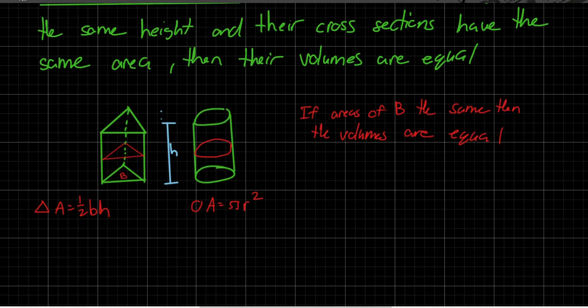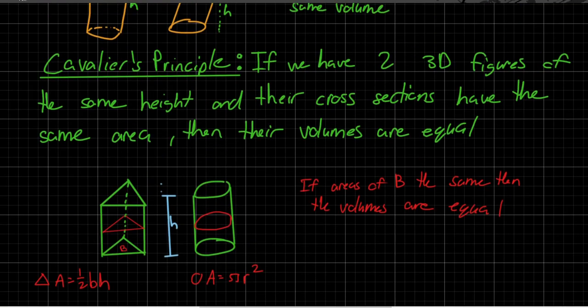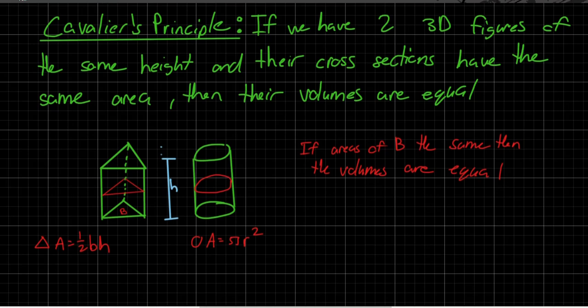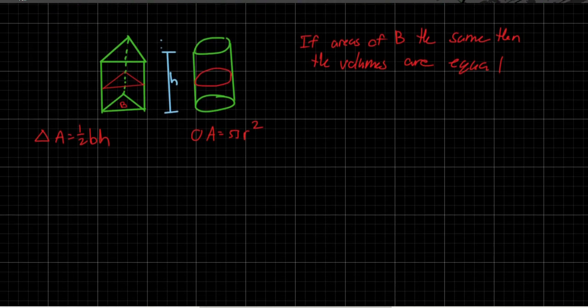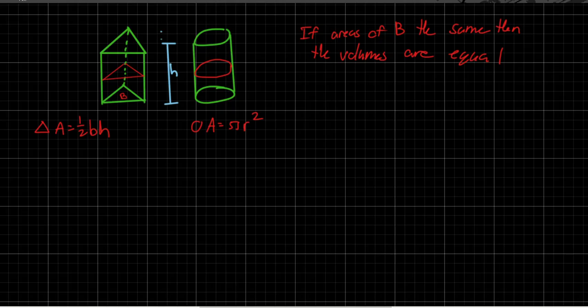So you need to figure out what the area is first. If those are the same, then the volumes are going to be the same because they're both the same height. Cool. I don't want us to dwell too much on this principle because you can calculate that same thing each and every time. It's just a shortcut.